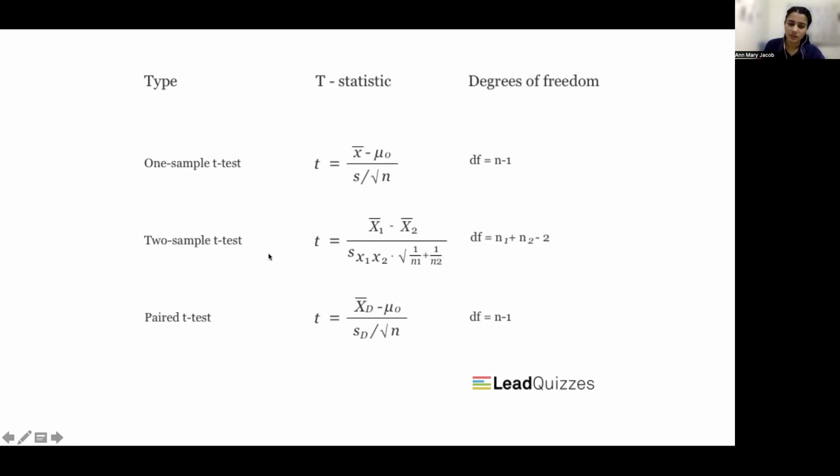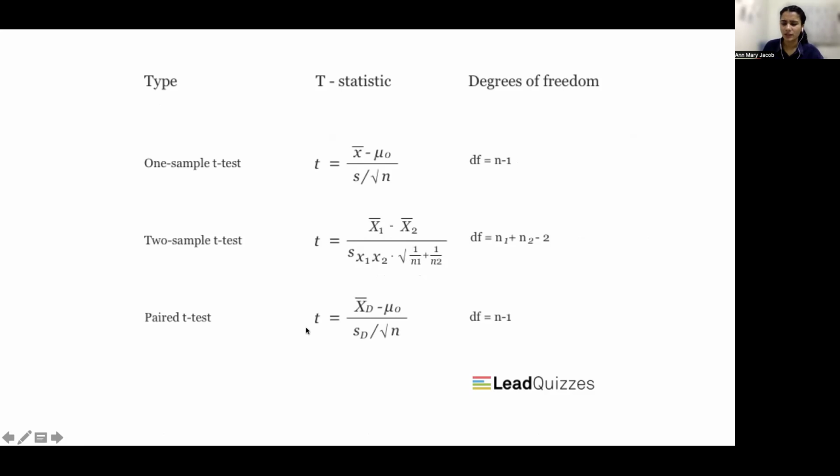For the two sample t-test, you are utilizing the mean of sample 1 minus the mean of sample 2, so x bar 1 minus x bar 2, divided by the standard deviations of both the first sample and the second sample, each divided by the square root of n1 and n2.